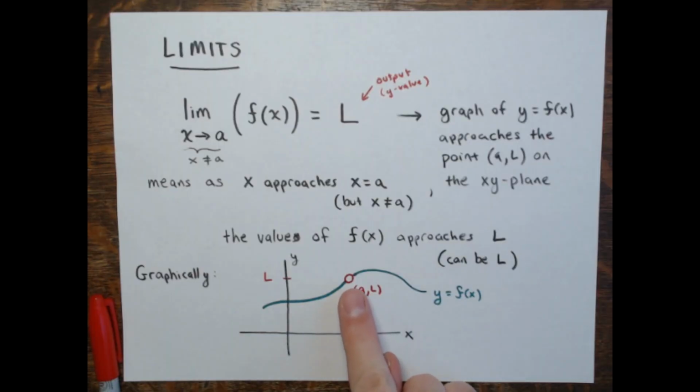And if this doesn't happen, if the graph doesn't approach a specific location, a specific point like this, then they'll say the limit doesn't exist.